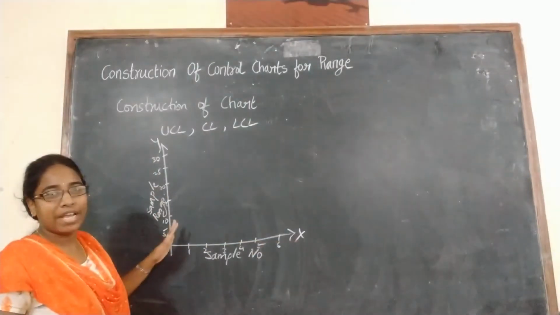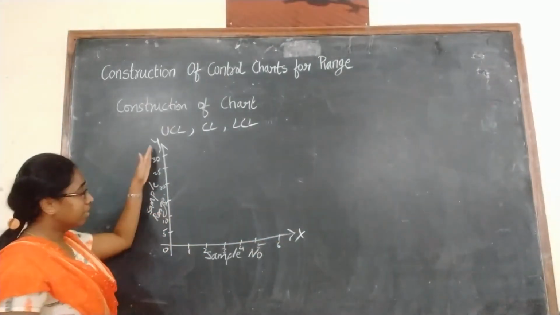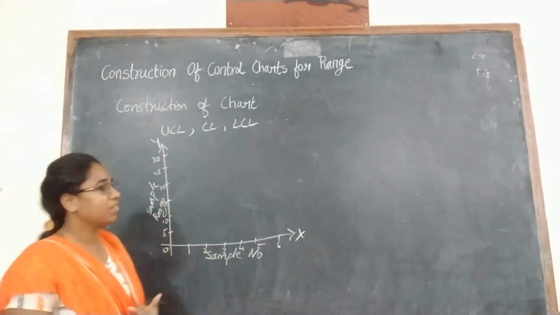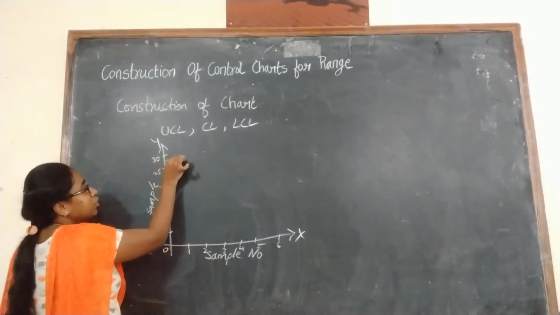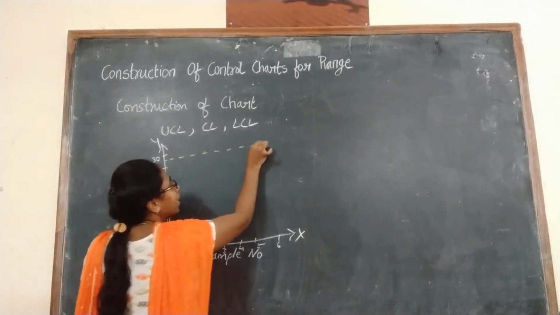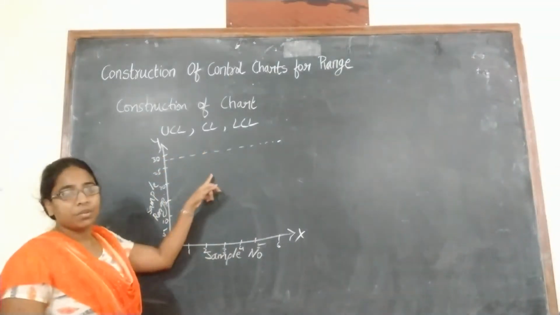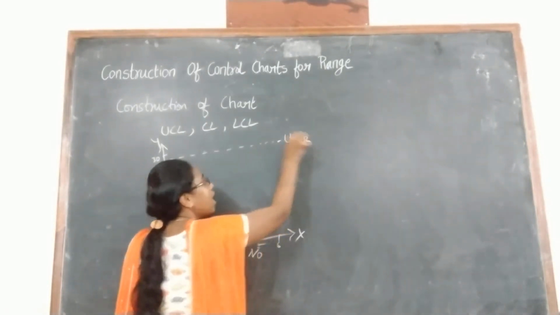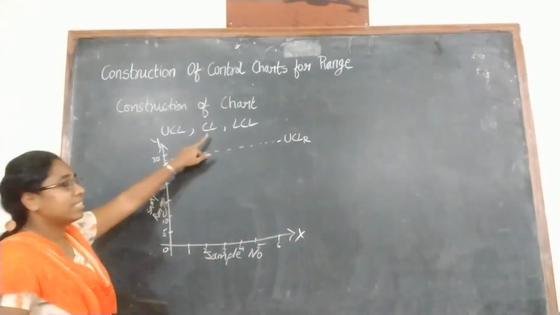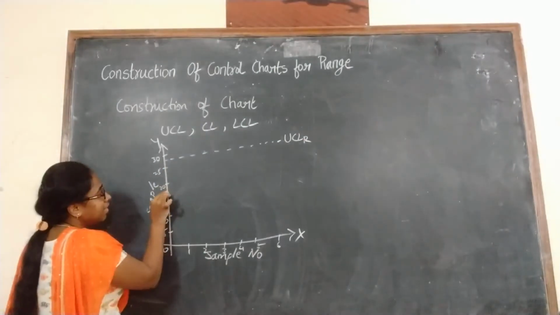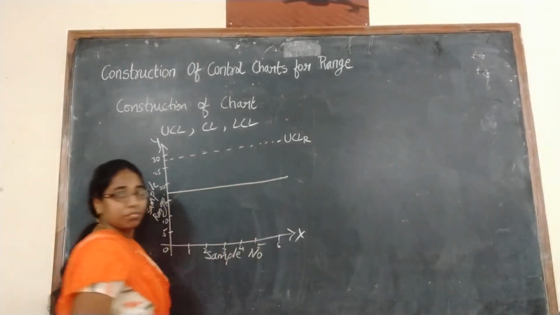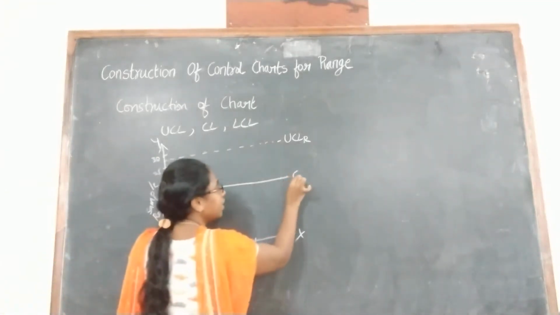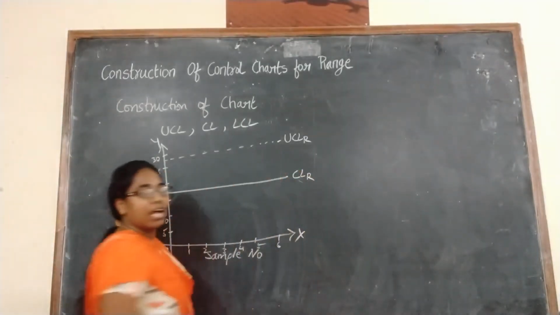After writing the axes, you draw the UCL and LCL lines first. The UCL line should always be a dotted line. After drawing the UCL line, you specify here UCL of R. Next, the CL. CL is a dark horizontal line. You draw a dark line and represent here CL of R.